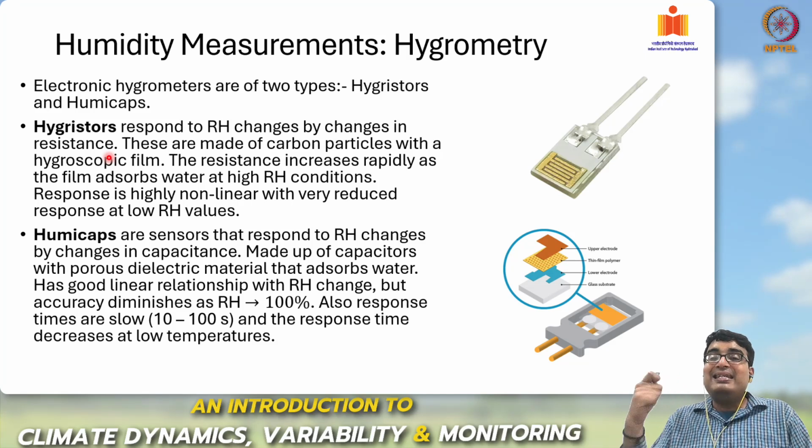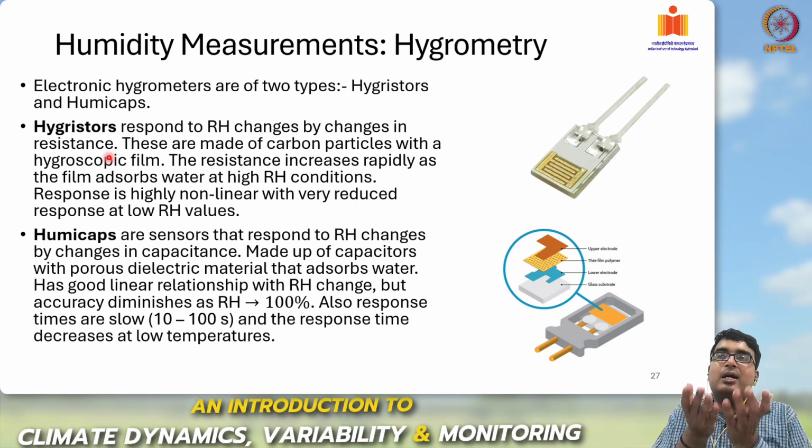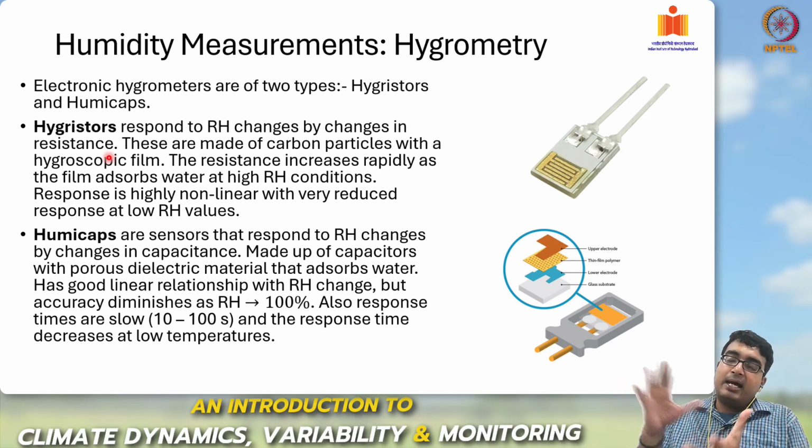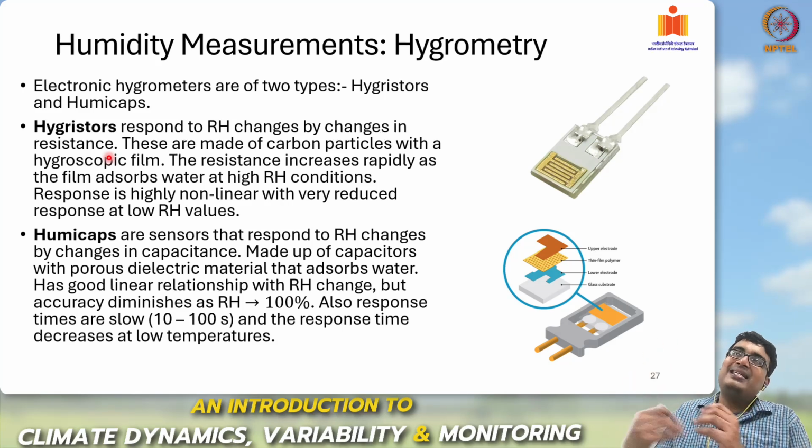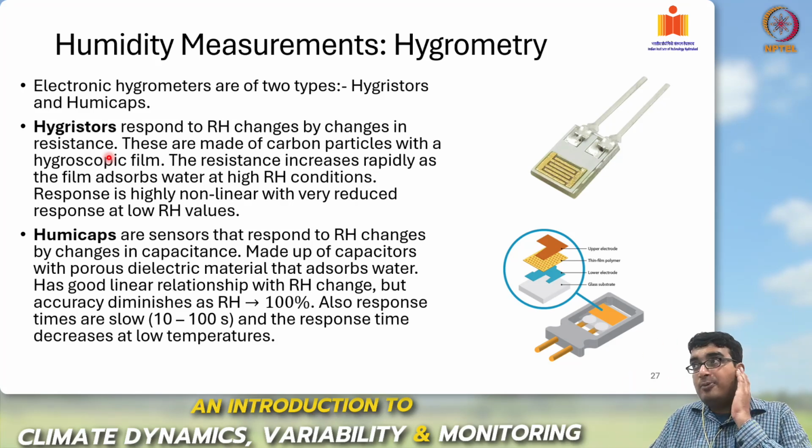The resistance increases rapidly as the film adsorbs water at high RH conditions. So these carbon particles are coated with this hygroscopic film, and as this adsorbs water, the hygristor resistance increases rapidly. And this response is calibrated to evaluate the relative humidity of air.